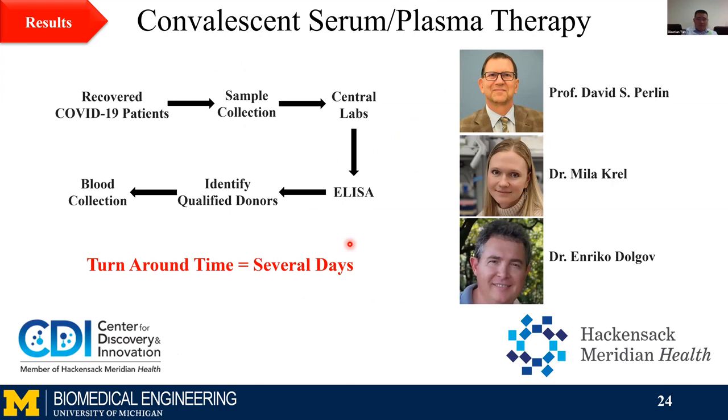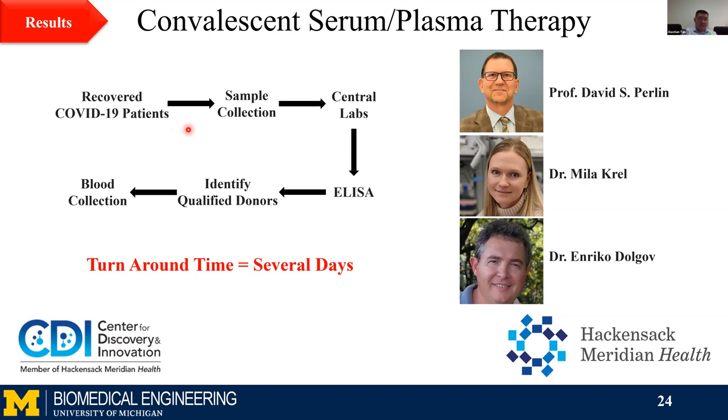After we found this good calibration antibody, we initiated a collaboration with Professor David Perlin's group at the Center of Discovery and Innovation at Hackensack Meridian Health. They were doing clinical trials on using convalescent serum or plasma to save lives in critical patients. There are procedures like this. They identify some recovered COVID-19 patients.